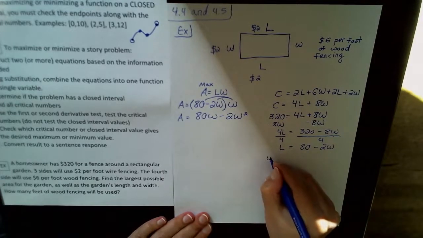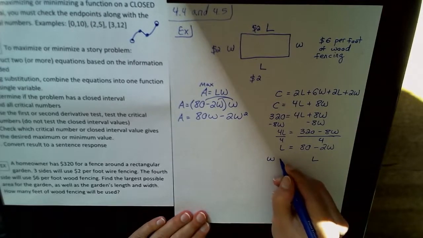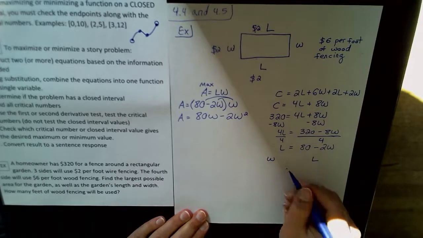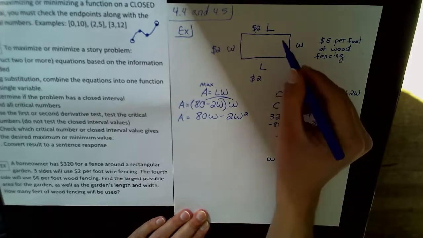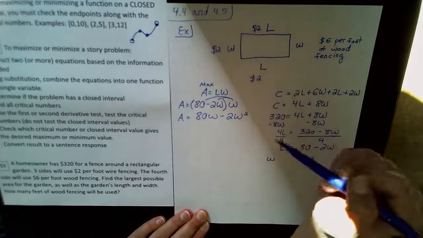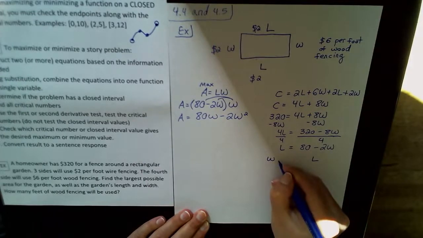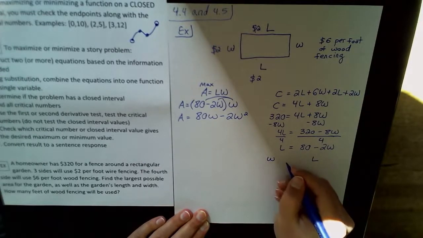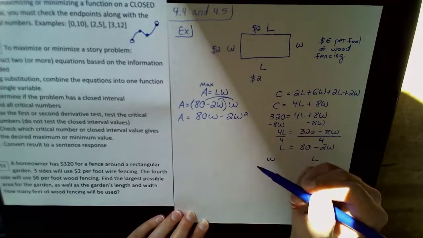So looking at W and L, do we know a limit or a minimum, like a floor value, for each of them? And when you think about it, there is technically a minimum value for each of them. Neither one of these values can be less than 0. You cannot make a garden of -2 feet, for instance, on its length or width. So we have to say that this cannot be less than 0. It can be 0. The best garden you can afford might be no garden at all.